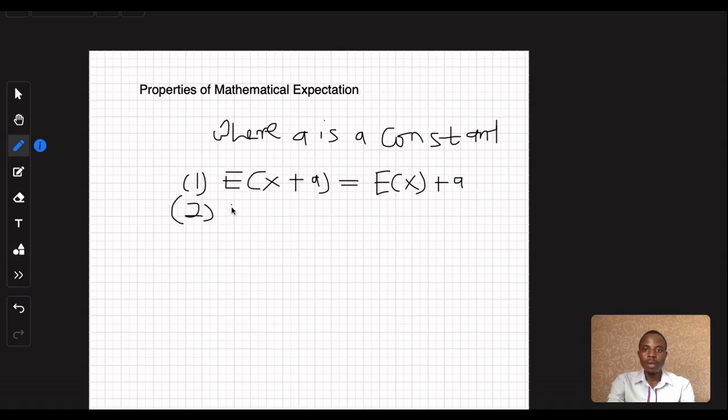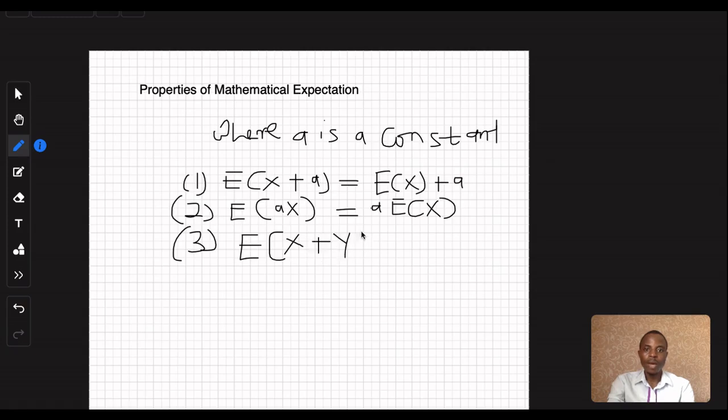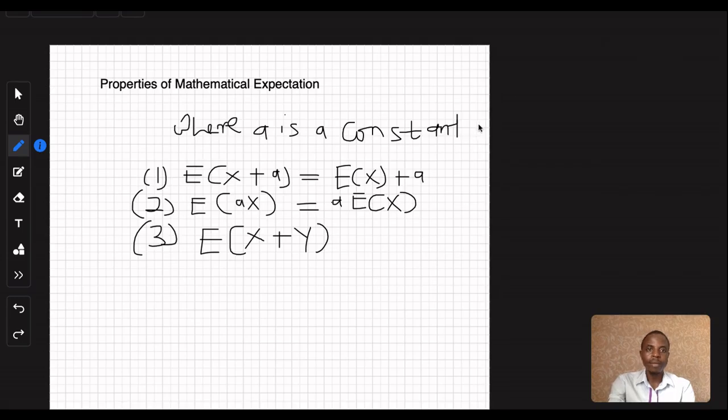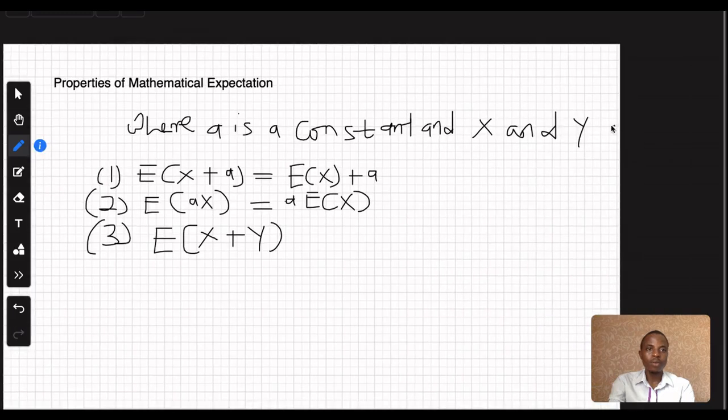Number two, the expected value of AX will become A multiplied by the expected value of X. Number three, the expected value of X plus Y, where A is a constant and X and Y are variables.